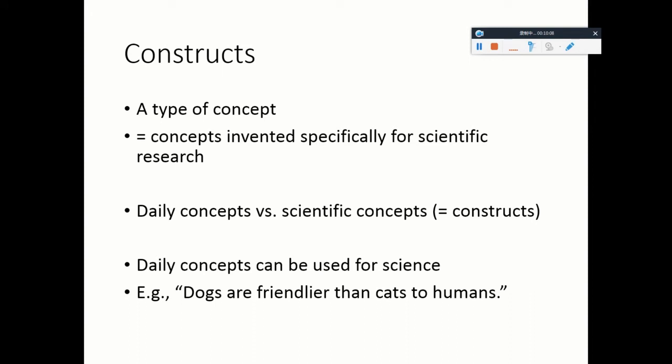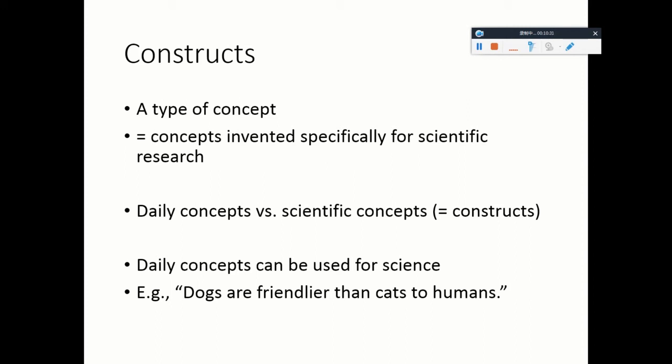For example, we can easily formulate this hypothesis or this guess or statement or claim that says dogs, compared to cats, they're better friends to humans. So we call this a hypothesis, and we don't know whether this is true or not.